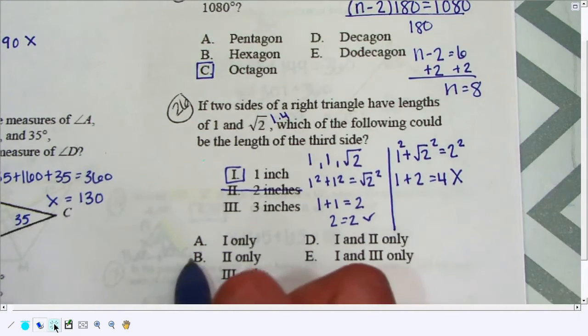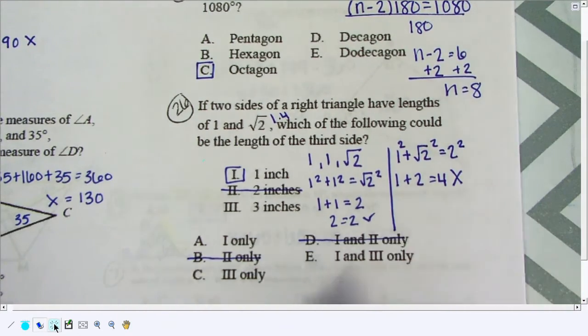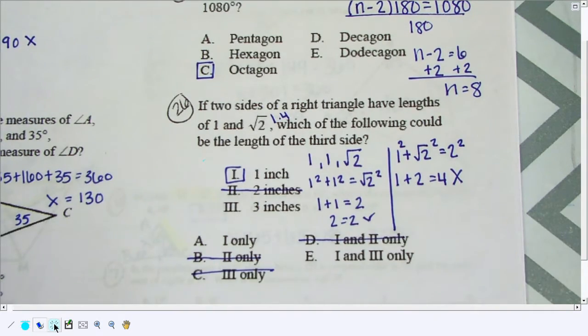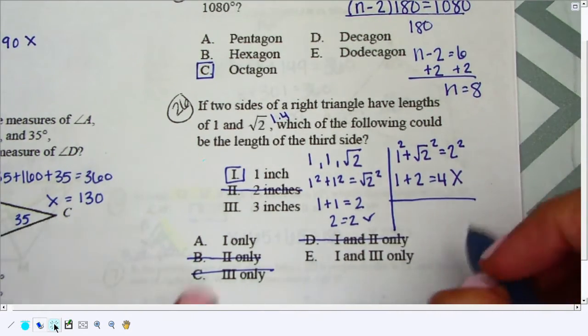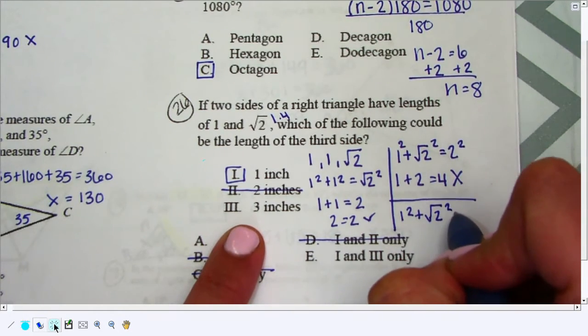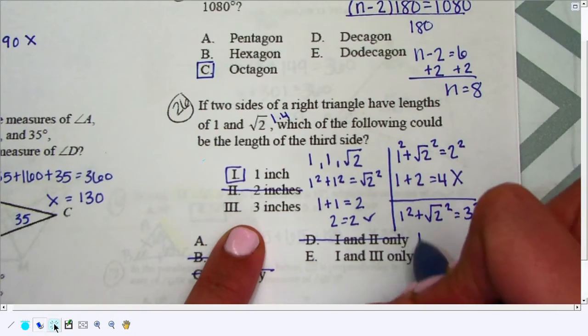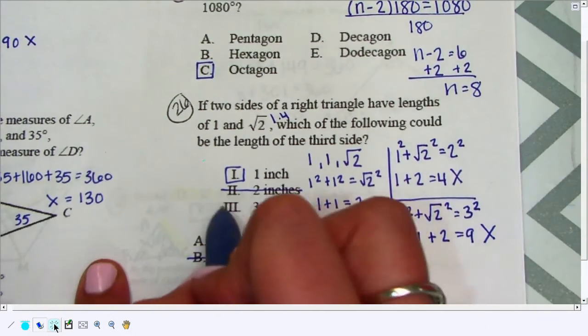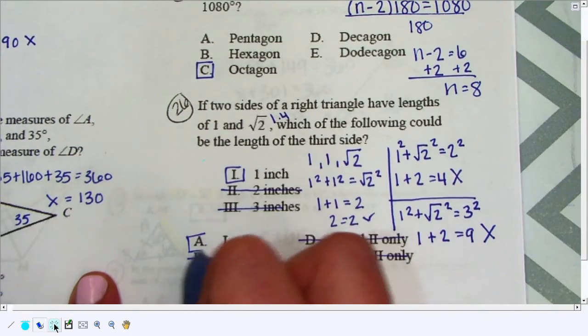So anything with 2 in there, those are out. It can't be only 3 because obviously 1 works. So we have to test option 3. 1 squared plus the square root of 2 squared equals 3 squared. Well, 1 plus 2 has to equal 9. Again, not true. So only option 1 works.